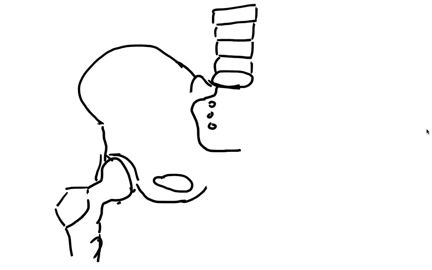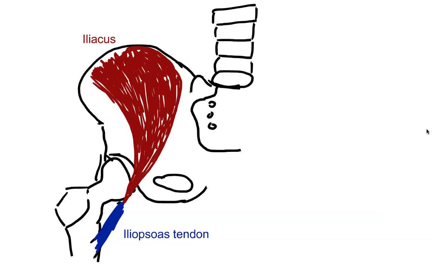The iliopsoas inserts or attaches to the lesser trochanter of the femur. It's formed by the iliacus, which fills the upper 2/3 of the iliac fossa, originating from it. The iliacus is supplied by the femoral nerve, and arteries include the medial circumflex and the iliac branch of the iliolumbar artery.